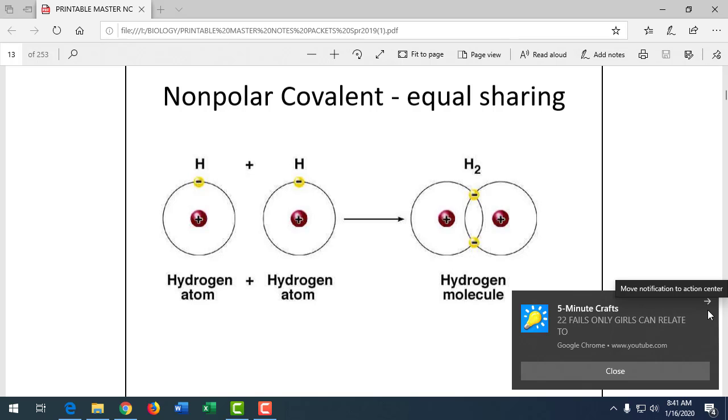So anything that is a lipid or a fat is made up of carbon, hydrogen, and oxygen. All those atoms are bonded together and equally sharing those electrons, and therefore it is a nonpolar covalent bond. And because it's nonpolar, it doesn't mix with polar substances where we have unequal sharing. So let's talk about that.